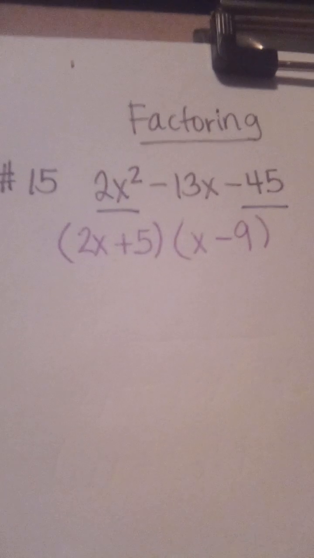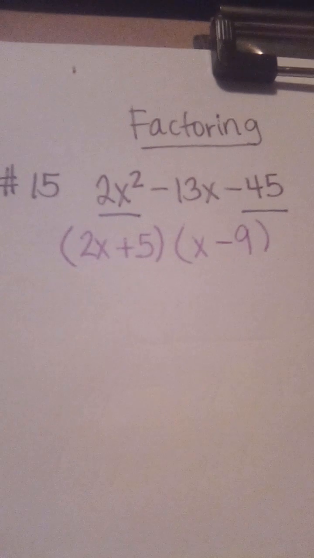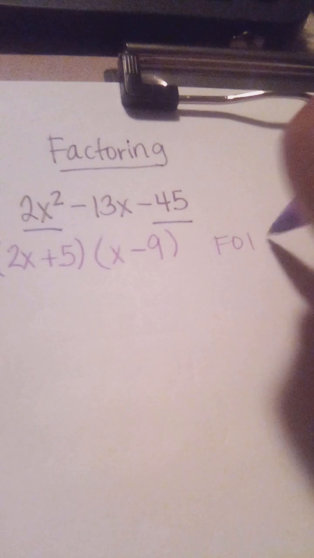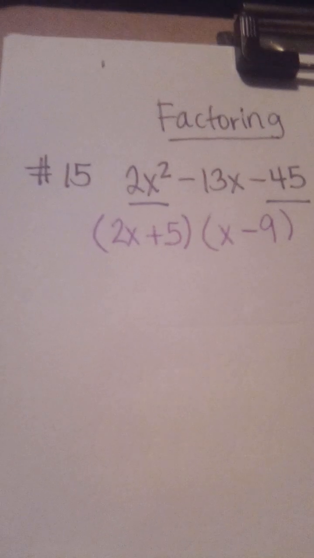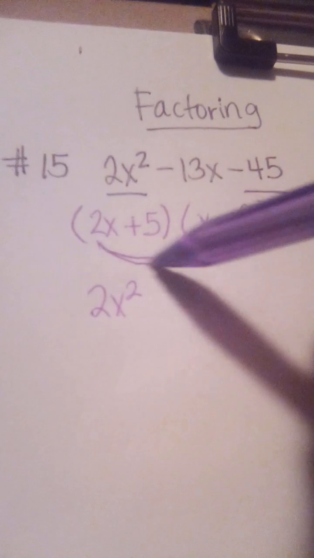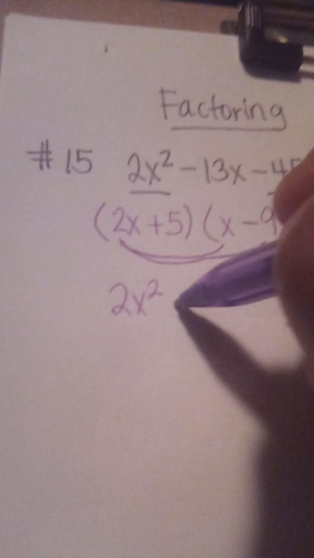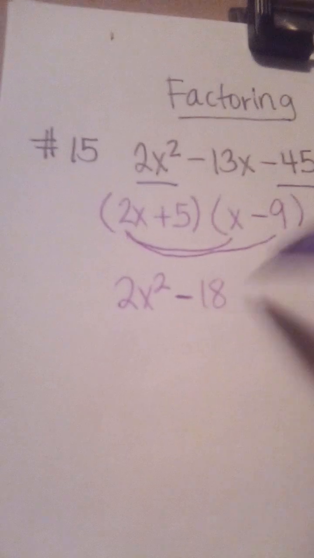In order to make this work, let's use FOIL: first, outer, inner, and last. Let's do this together. The first term: 2x times x gives us 2x squared. Then the outer, 2x times a negative 9, gives us negative 18x.